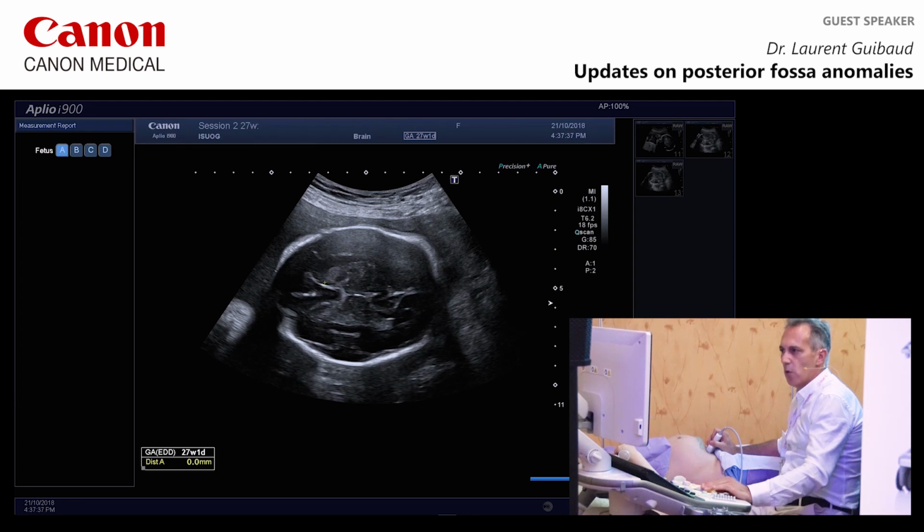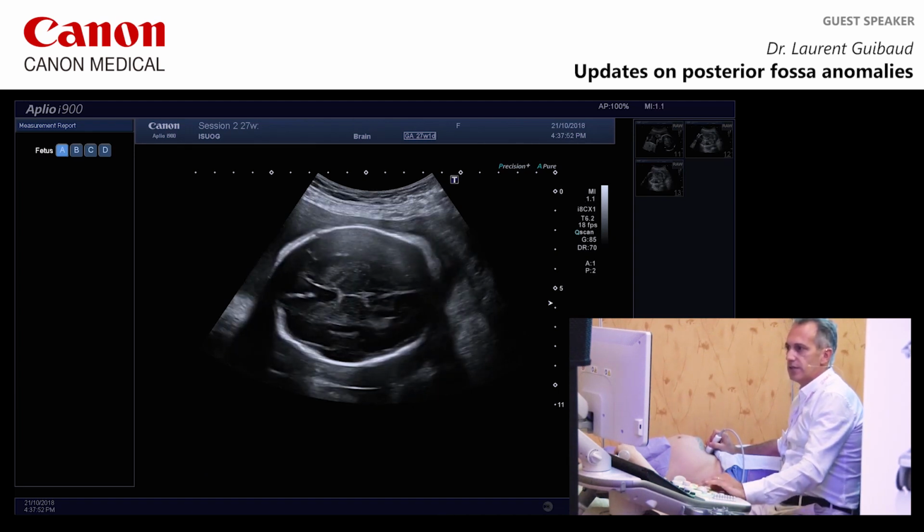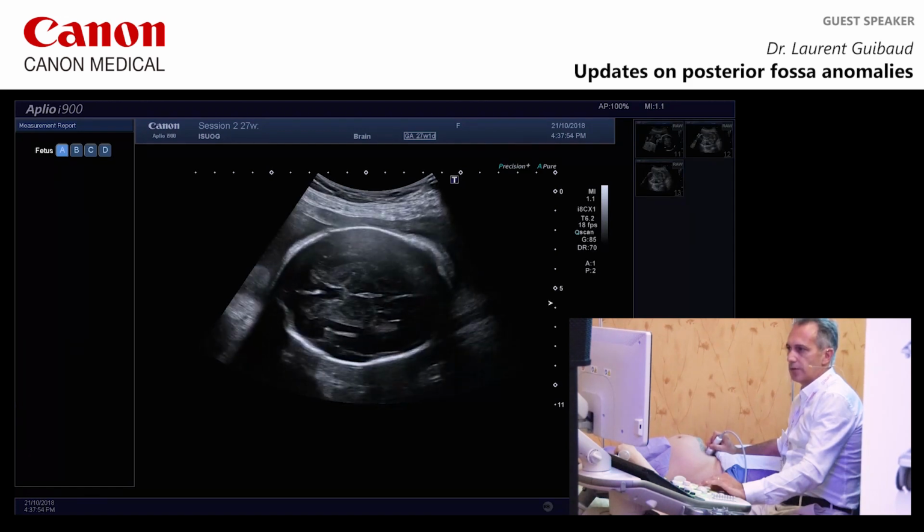If you have a case where the AP diameter is in fact small, smaller than the transverse diameter, you may think of agenesis of the corpus callosum.